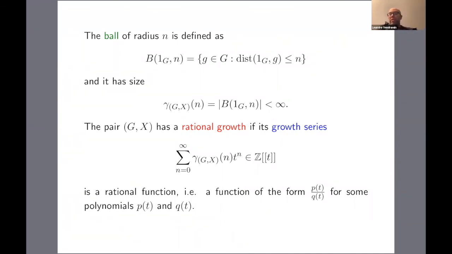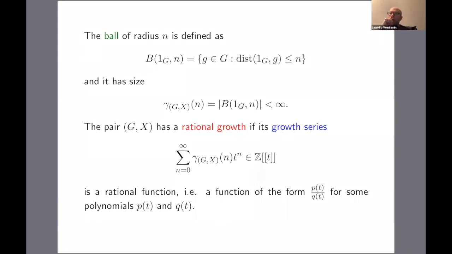And you say that the pair (G, X) has rational growth if the series is a rational function, so it is a quotient of two polynomials, okay? These sorts of objects are well known and studied in group theory, in geometric group theory, I would say.